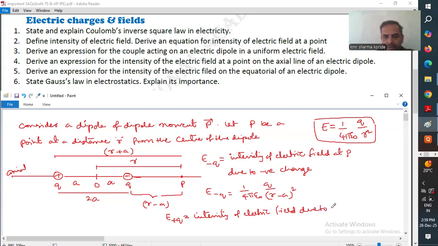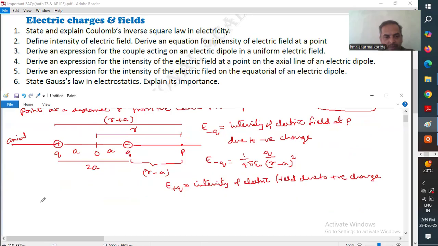Where is the positive charge from P? It is at r plus a, so you have to modify the basic equation. In this case, the intensity of electric field due to the positive charge is 1 by 4 pi epsilon naught q by r plus a whole square.